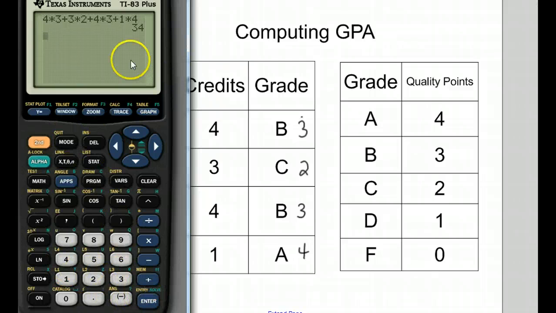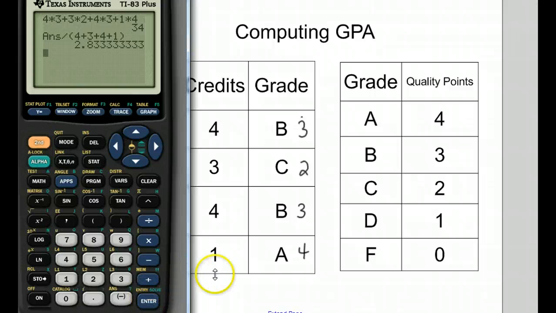Alright, so this is how many total points that this person earned via these credits. And now we divide by the total number of credit hours. There are our weights for this one. So we're going to divide that 34 by, in parentheses, 4 plus 3 plus 4 plus 1.